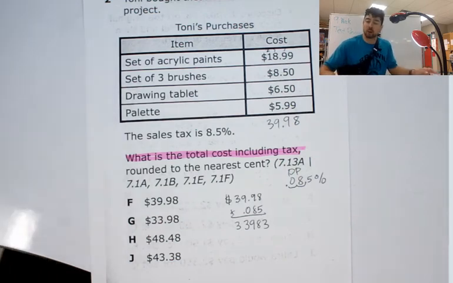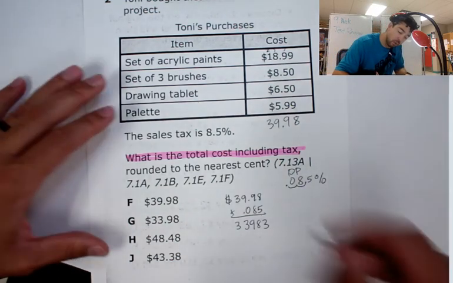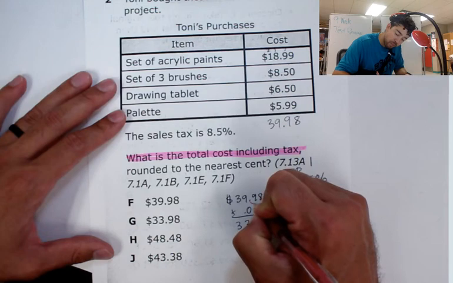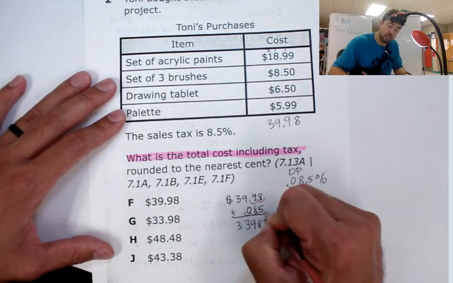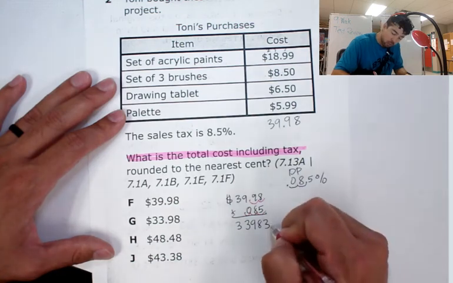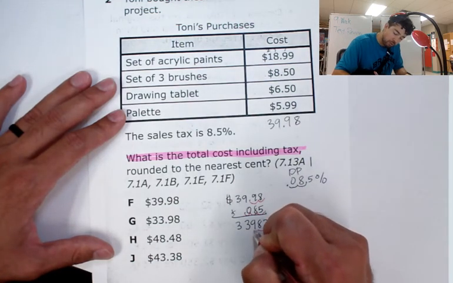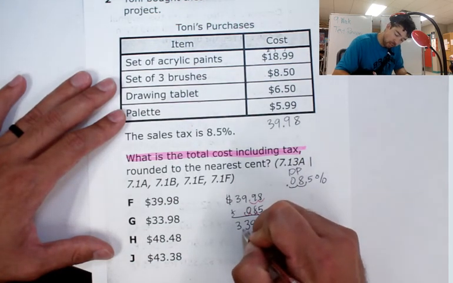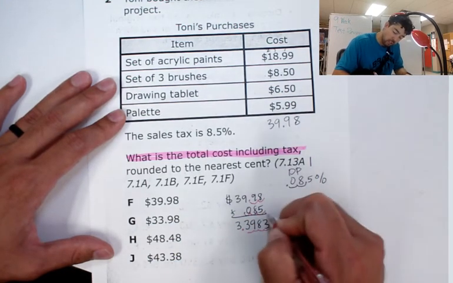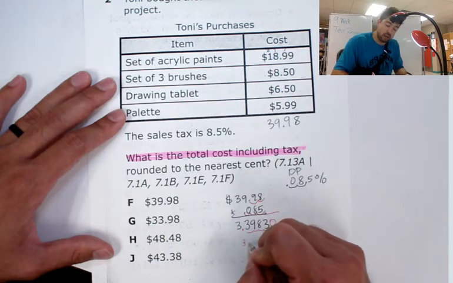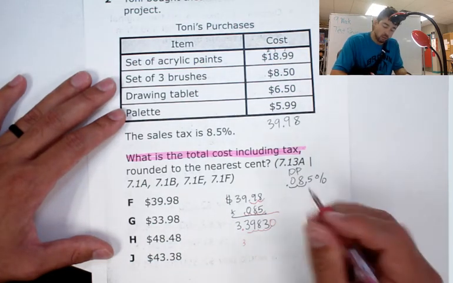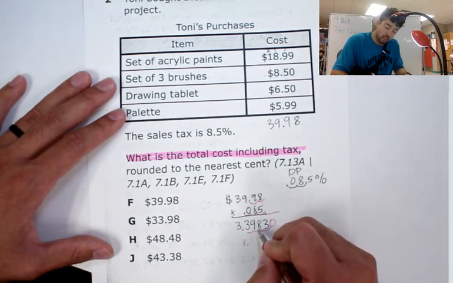But what we do have to do is count the number of decimal places. So there's 2 decimal places here, there's 3, which means in our answer there's going to be 5. Actually, there was a 0 here that I didn't include. So the amount of tax is $3.39.